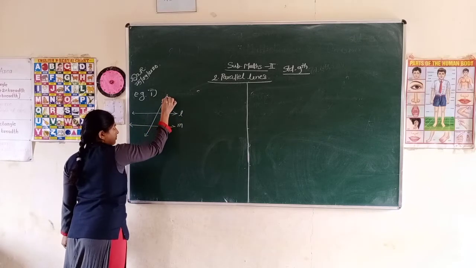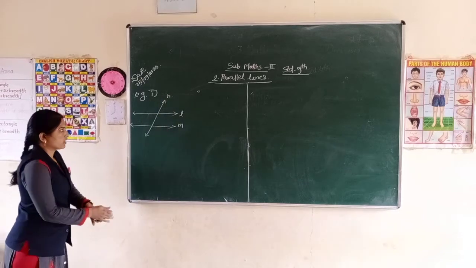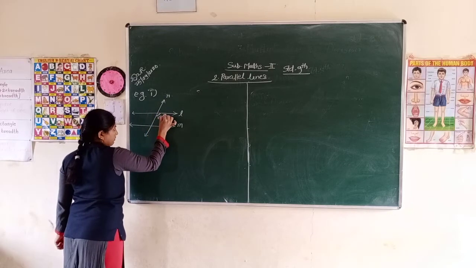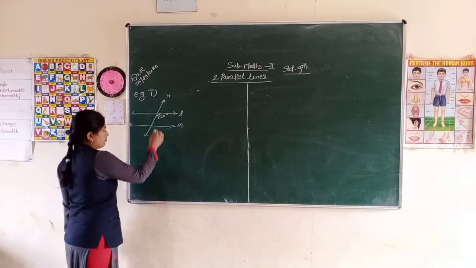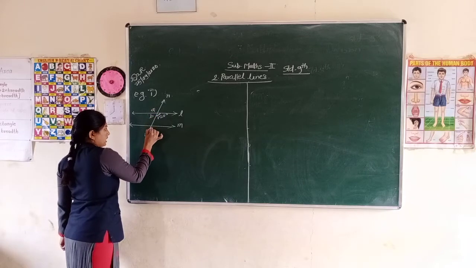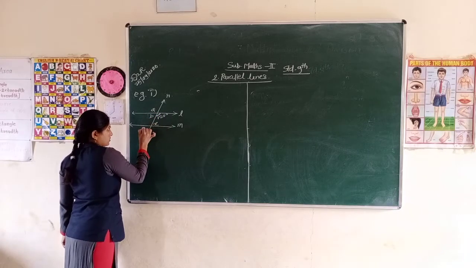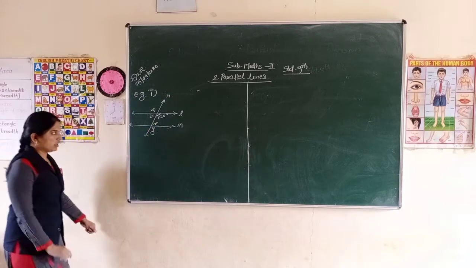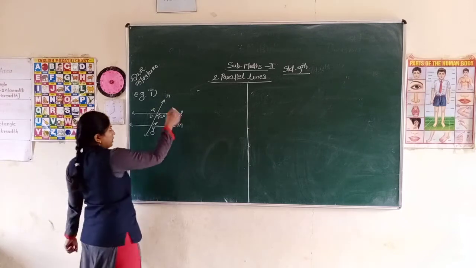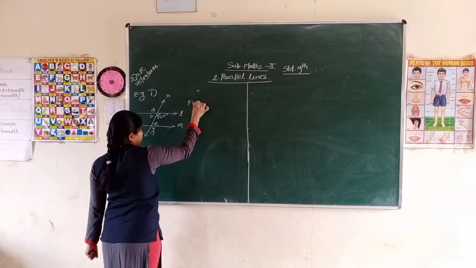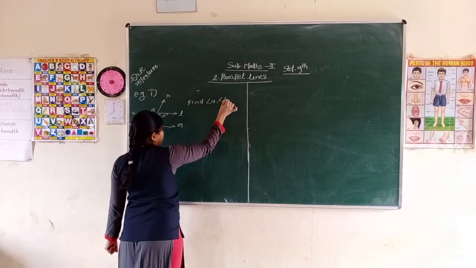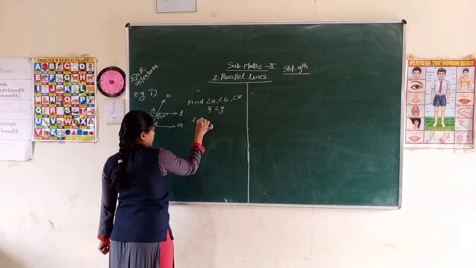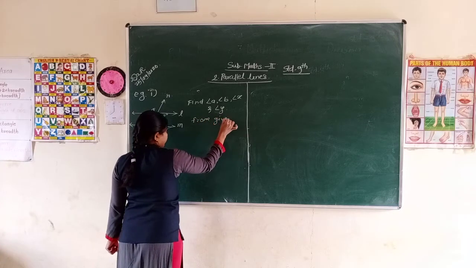L, M, N. Okay, then this is 120 degrees, and you have to find the measure of A, B, X, and Y. Find angle A, angle B, angle X, and angle Y from the given figure.